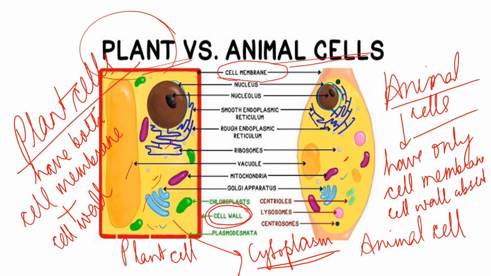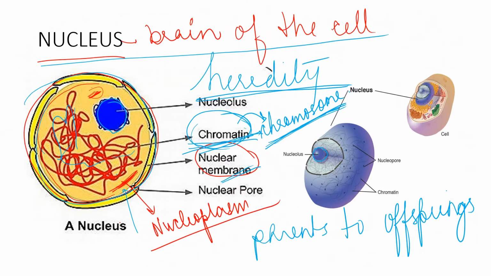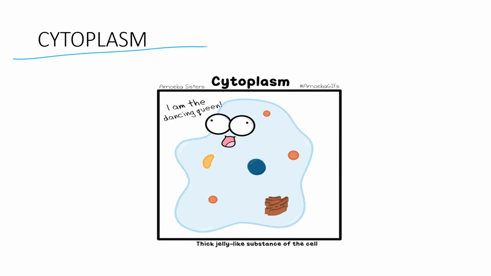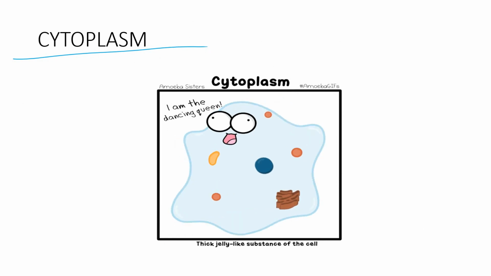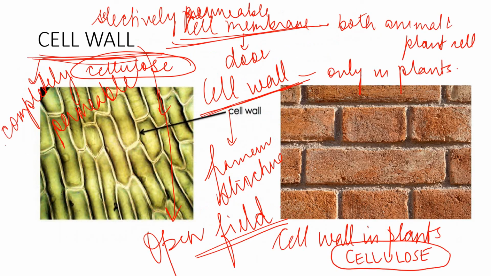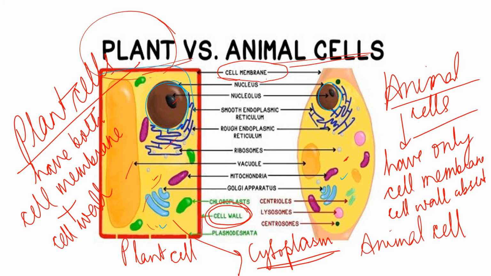You can see this is the nucleus, isn't it? Yes. So we were studying about cytoplasm. It is a jelly-like fluid found within the cell membrane, but outside the nucleus. So it is inside the cell membrane but outside the nucleus.